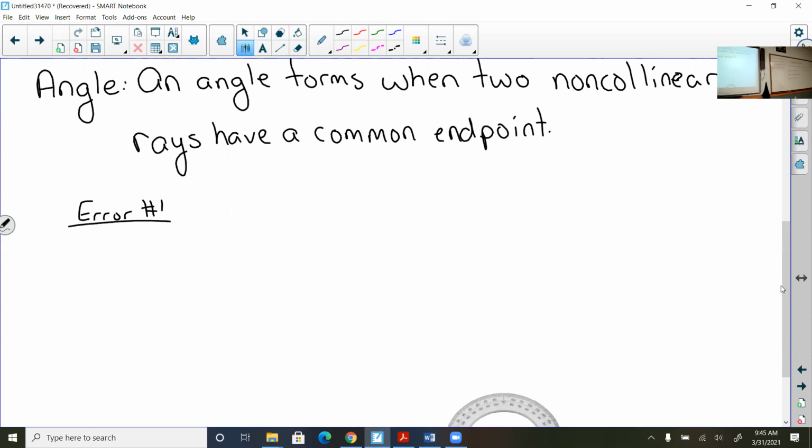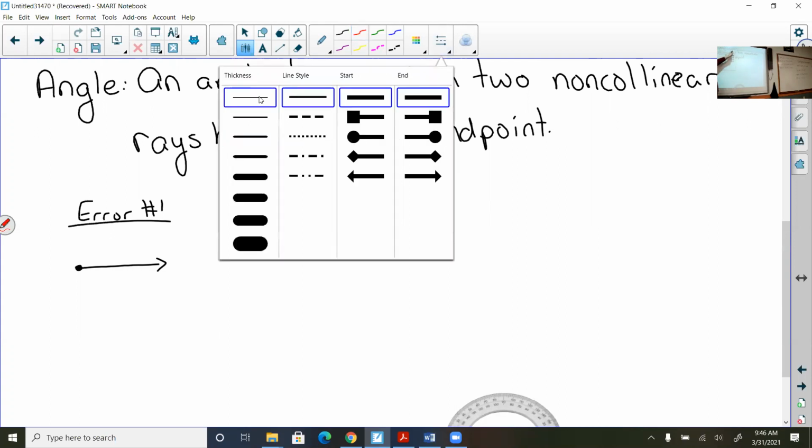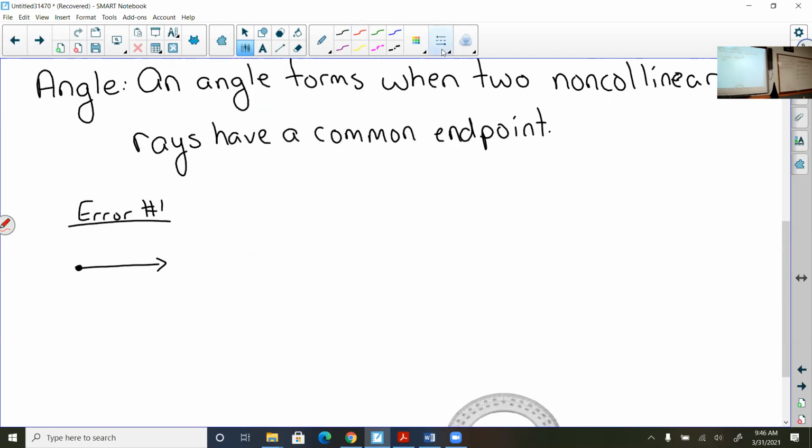So error number one. So what would it look like if two rays were collinear? So if I have this ray here that exists, and I have another ray that shares the endpoint and is collinear, that means that they form a line. So I'll do this in a different color. We'll do it in red. So if it shares the endpoint and is on the same line, what just happened is that I have the same ray.